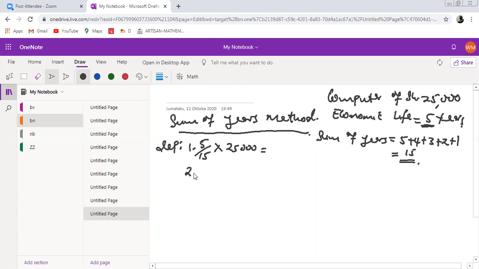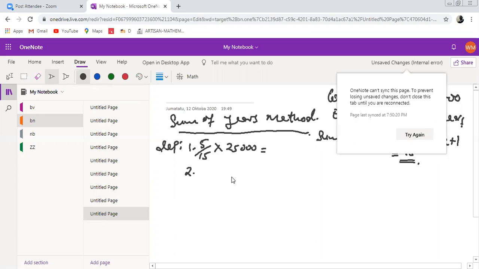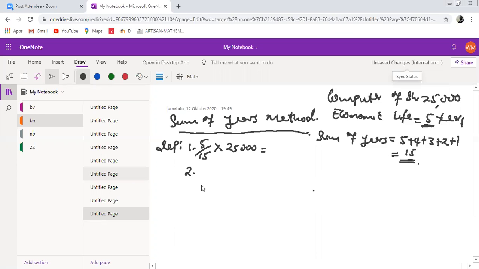When you proceed to year 2, already 1 year has gone. If 1 year has gone, then the remaining number of years is 4. You put 4 over 15 times 25,000. You get the depreciation there. When you go to year 3, how many years are remaining? Already we have year 1 and year 2 gone. So 3 years are remaining over the sum of the years, then you multiply by the cost, 25,000.